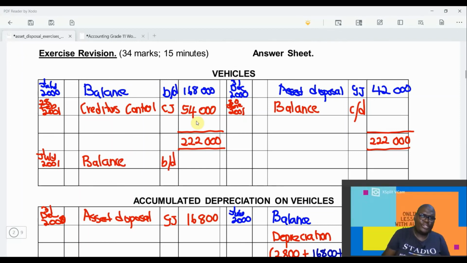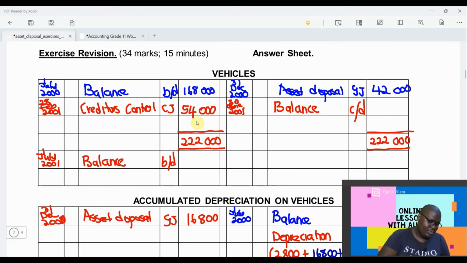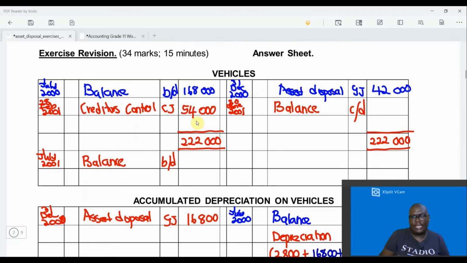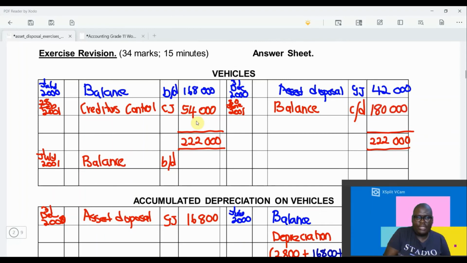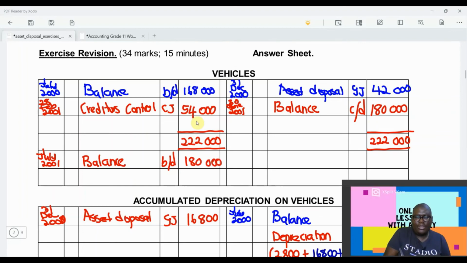So now we're going to say 222,000 minus 42,000, and then we get 180,000. So the new balance is 180,000, and here 180,000.